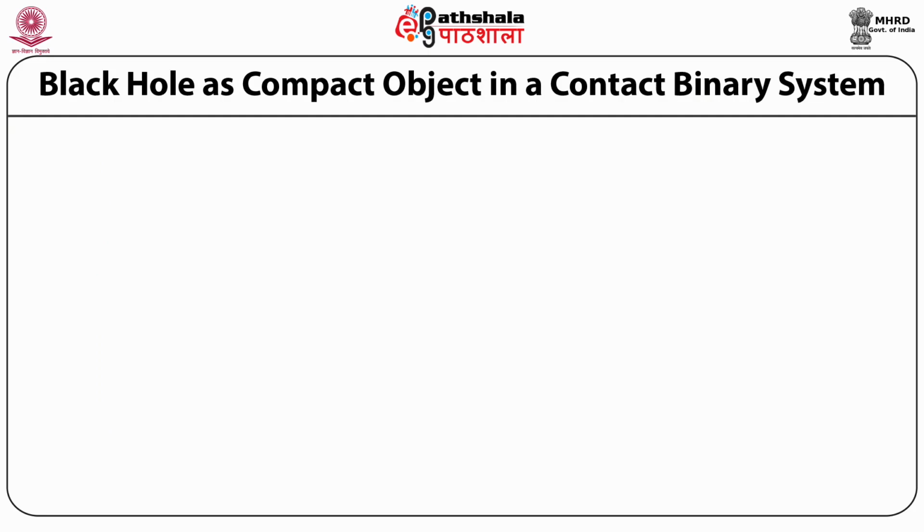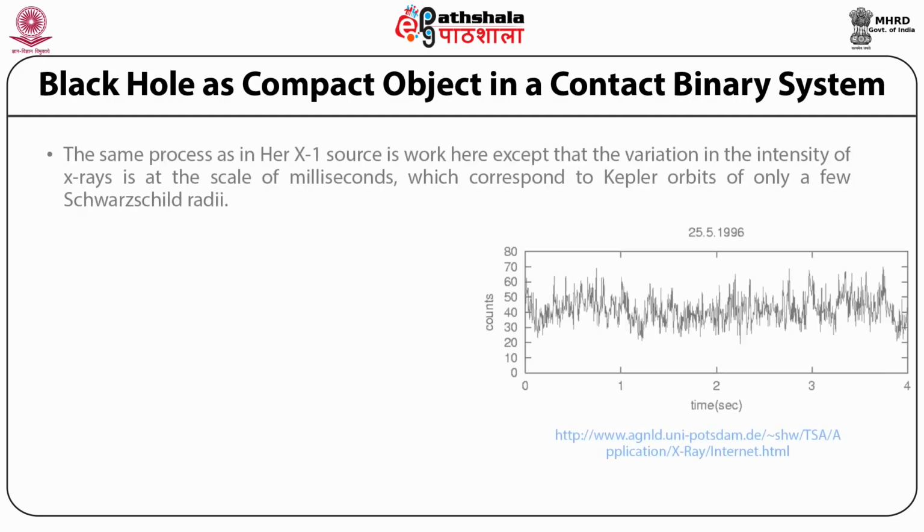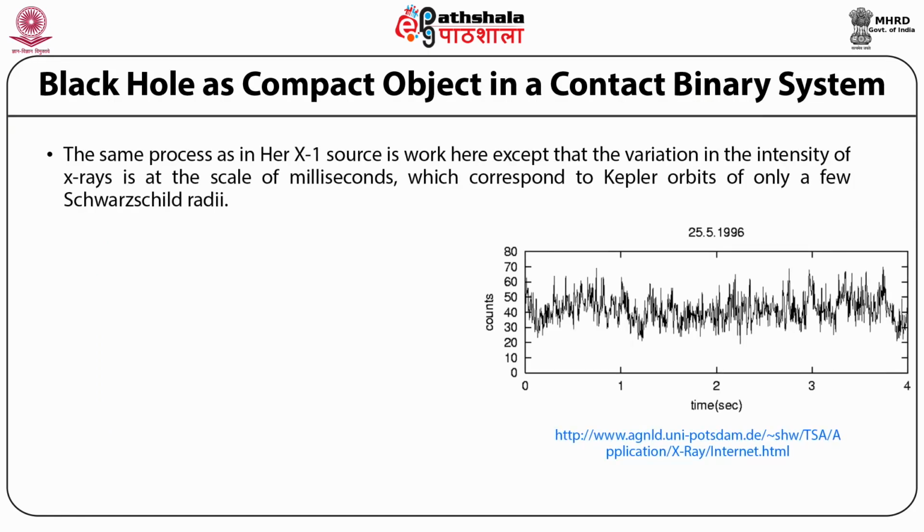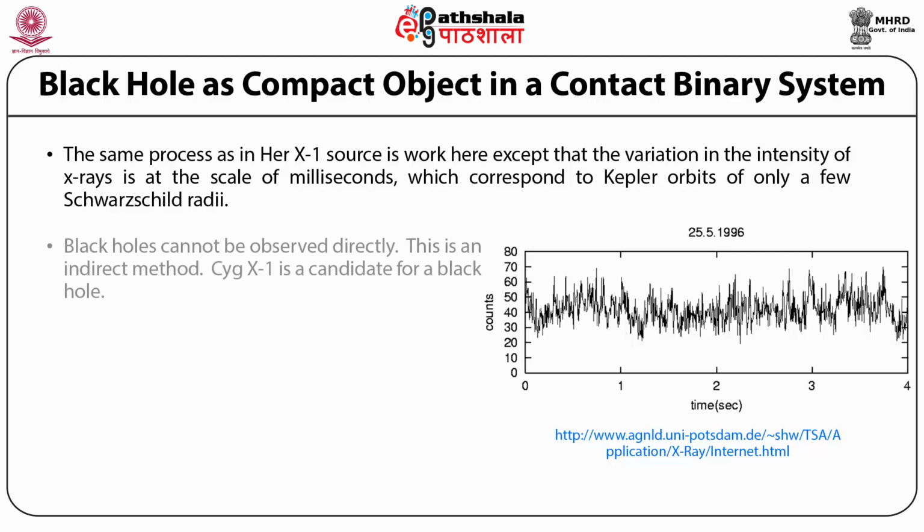Black hole as compact object. The same process as in the Hercules X-1 source is at work here, except that the variation in the intensity of X-rays is at the scale of milliseconds, which corresponds to Kepler's orbit of only a few Schwarzschild radii. Black holes cannot be observed directly.